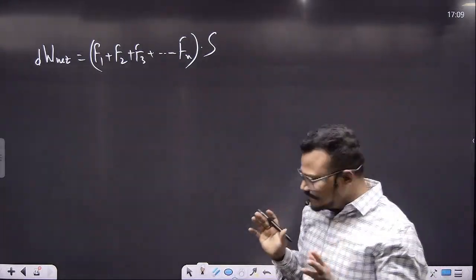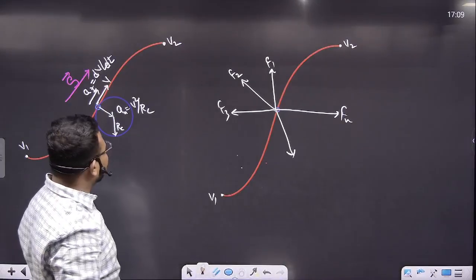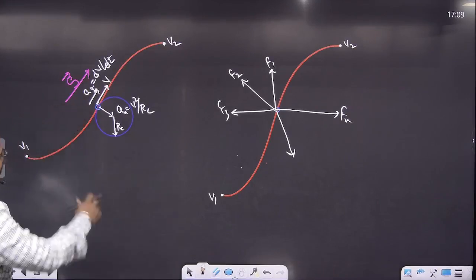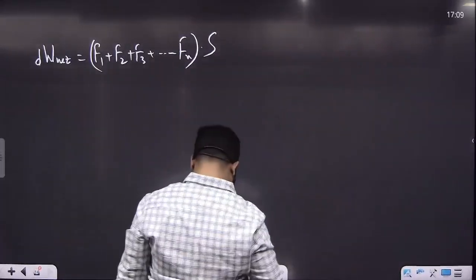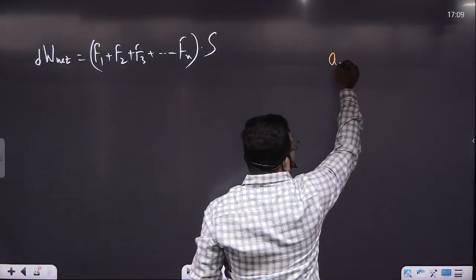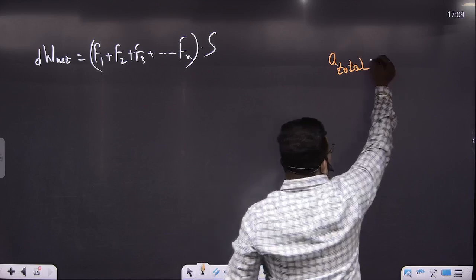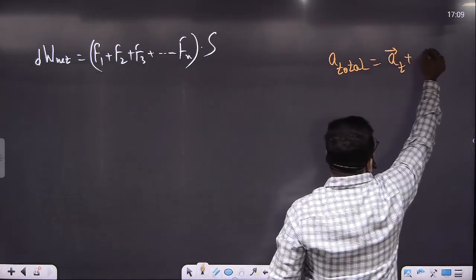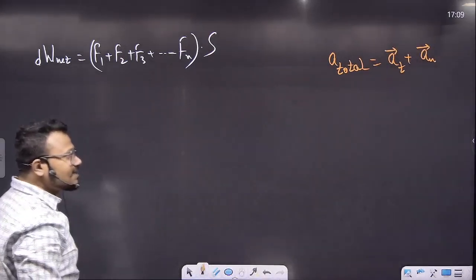Now if you see in the last point what we have taken, if we talk about the net acceleration, the net acceleration means A total. A total will be AT plus AN. And this only will be the A total, AT plus AN.